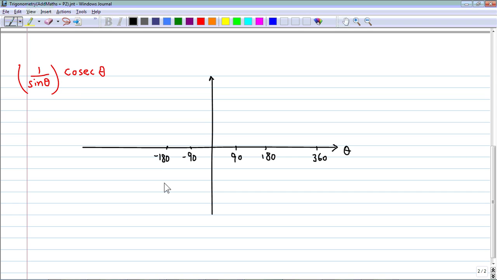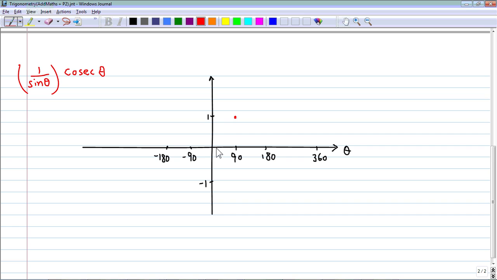Okay, let's also mark the number 1 and the number minus 1. So when theta is 90, cosec theta is 1 over 1, so that will just be 1. When theta is 180, we're back to sine theta being 0, so it's undefined again.